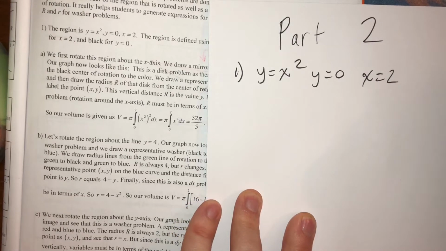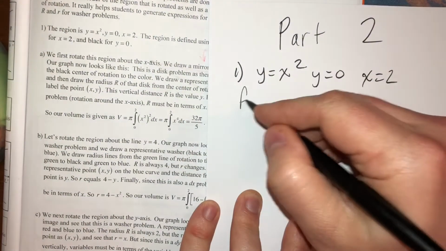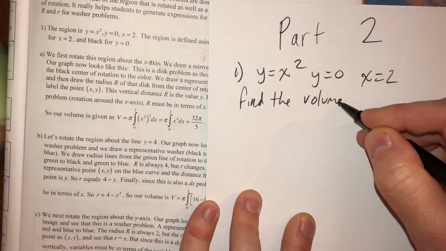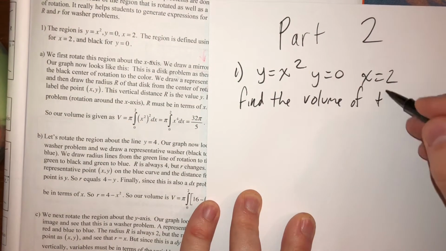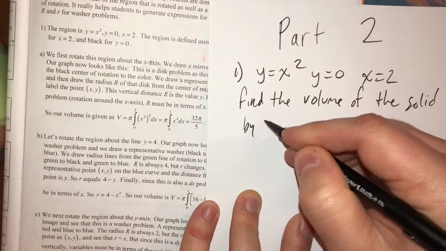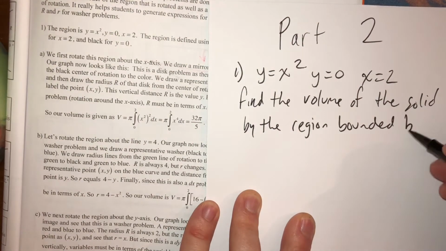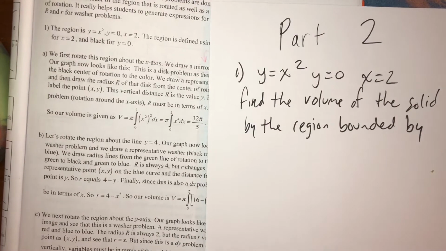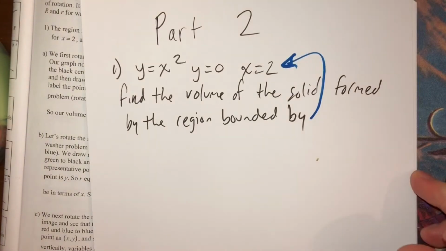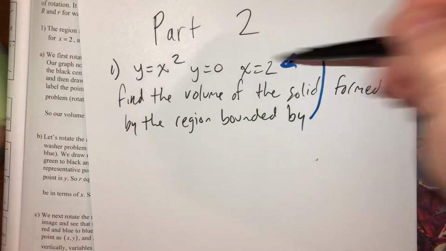And let's say the summed up version of this is: find the volume of the solid formed by the region bounded by those guys.